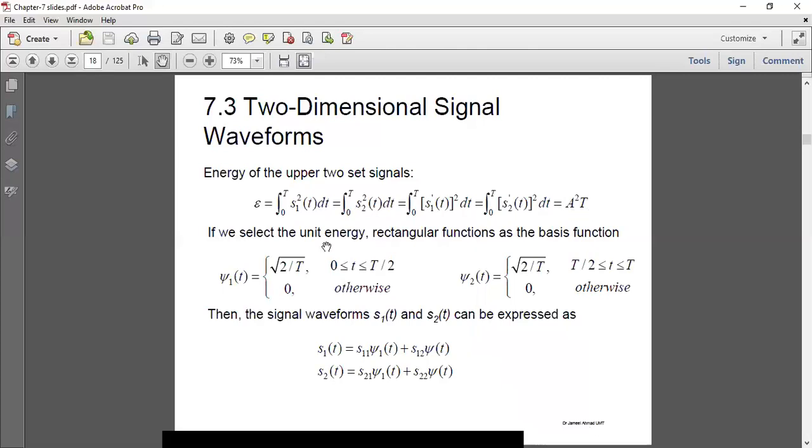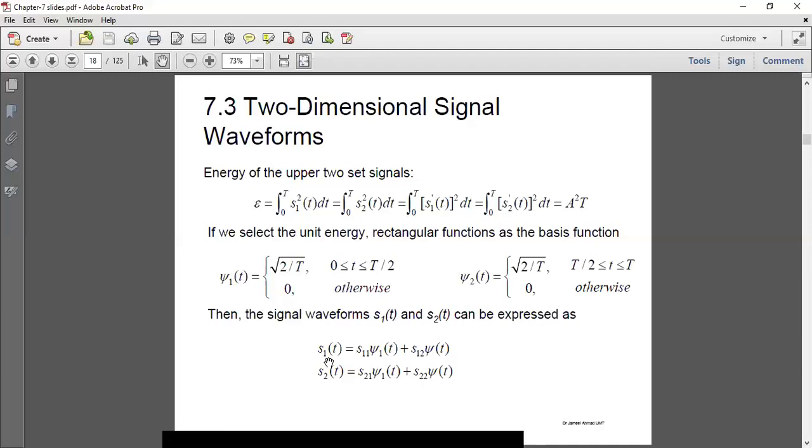If we select unit energy, the rectangular functions are the basis functions. Unit energy means that the energy is equal to 1. In this case, we have these two basis functions, phi1 and phi2. Since we are talking about two-dimensional signal waveforms, we need two basis functions. Then the signal waveforms can be represented in terms of these basis functions.